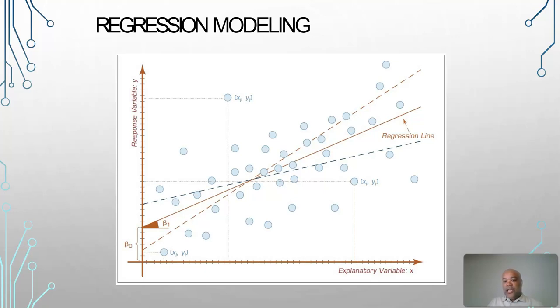So, this diagram here is showing you the foundation of regression modeling, specifically linear regression, which examines the relationship between an explanatory variable, okay, which is the independent variable, and a response variable, the dependent variable.